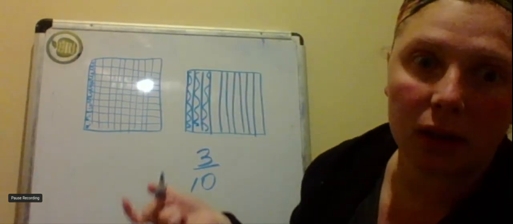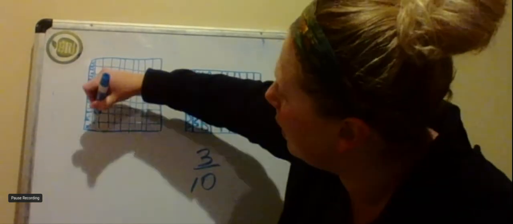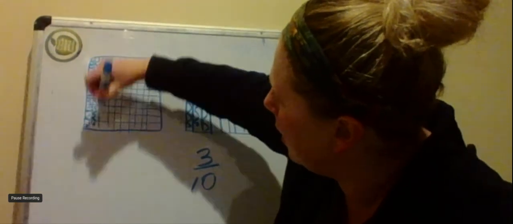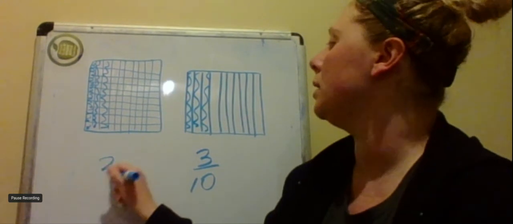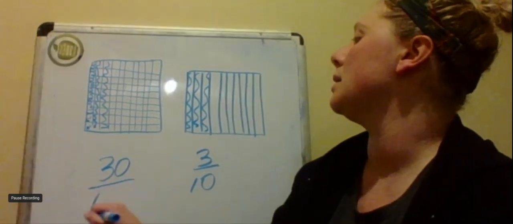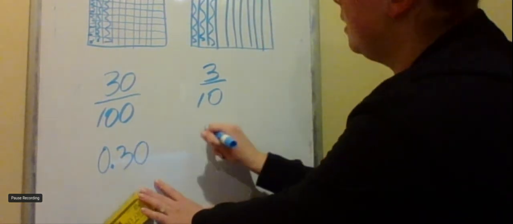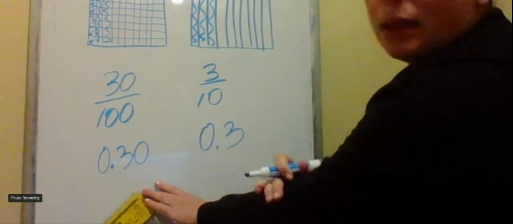And I would sit there and continue. Or you could just think 10, 20, 30, right? So 30 hundredths is the same as saying 3 tenths. And the way you would write that out would be 30 hundredths and 3 tenths.